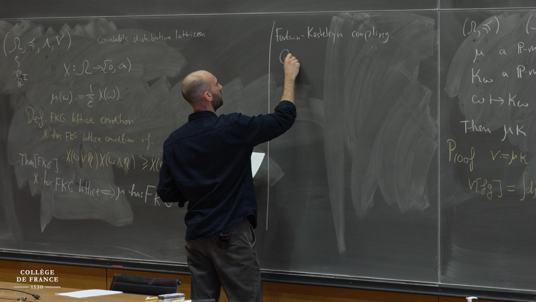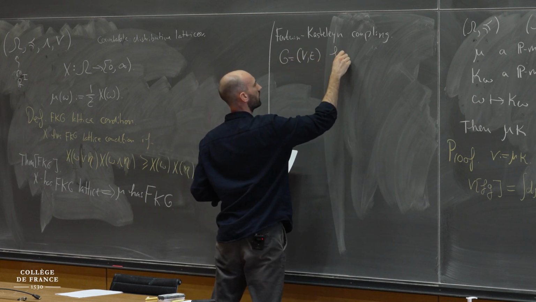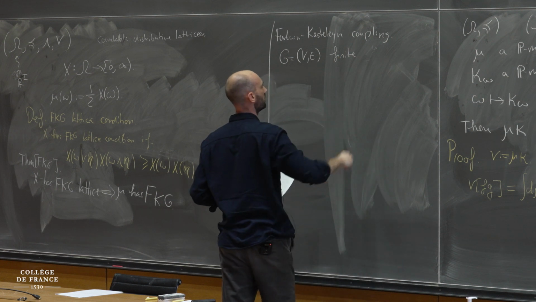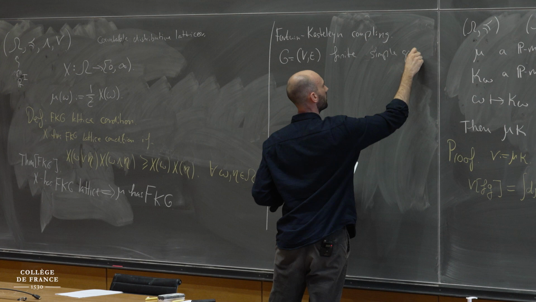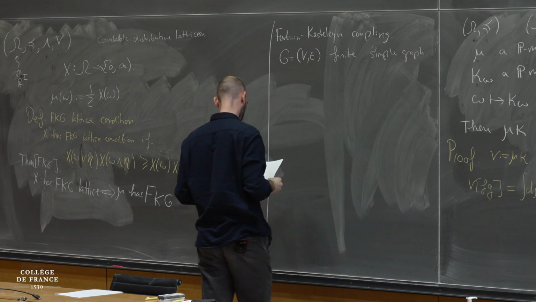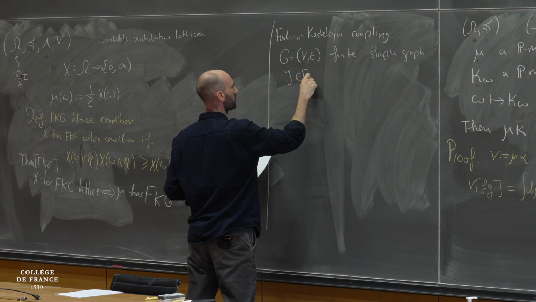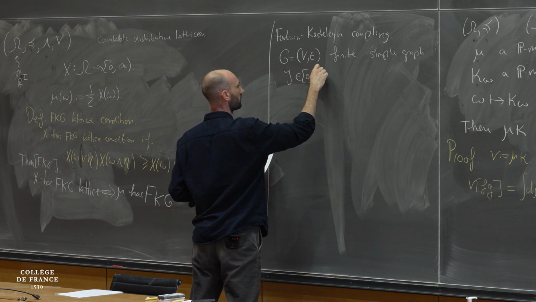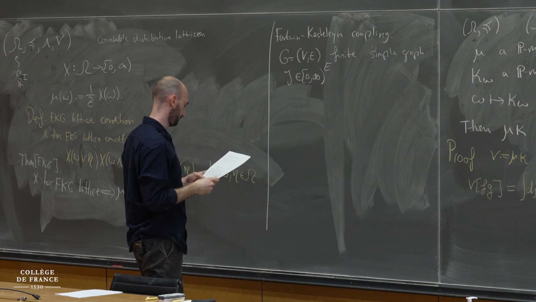So G is going to be a finite simple graph. And we also fix a family of coupling constants which are all going to be non-negative and which are associated with the edges.